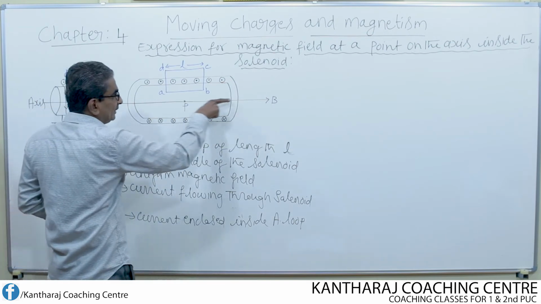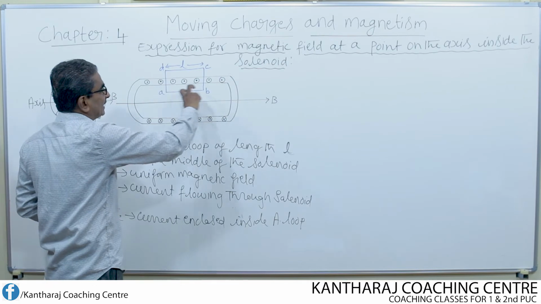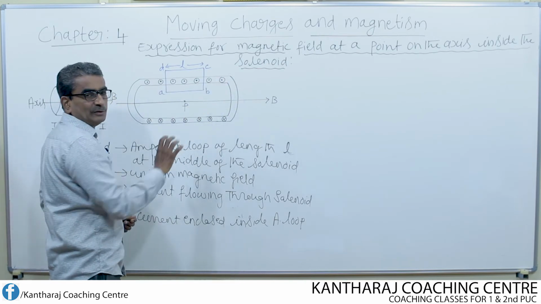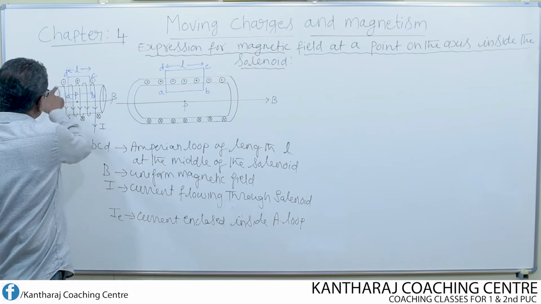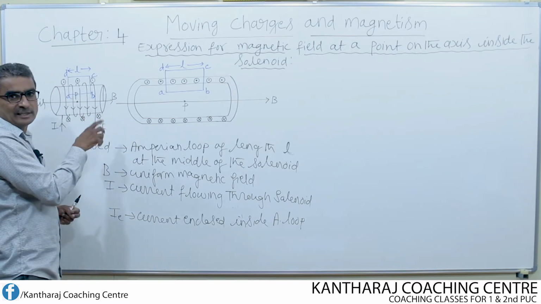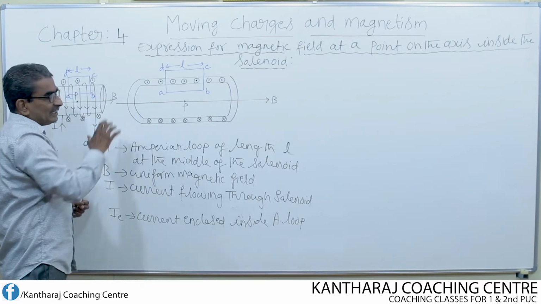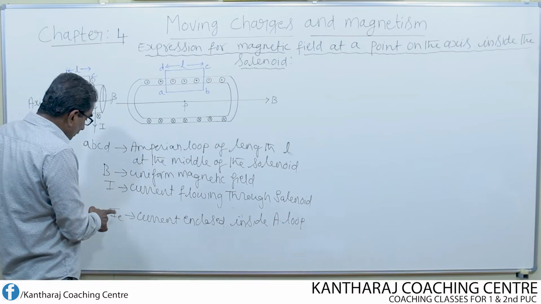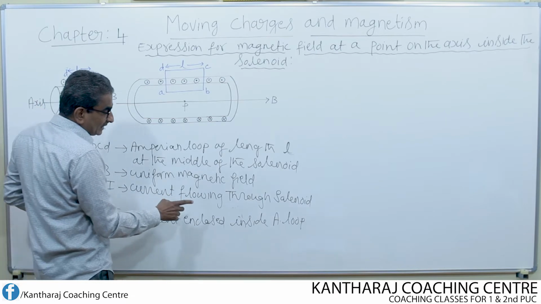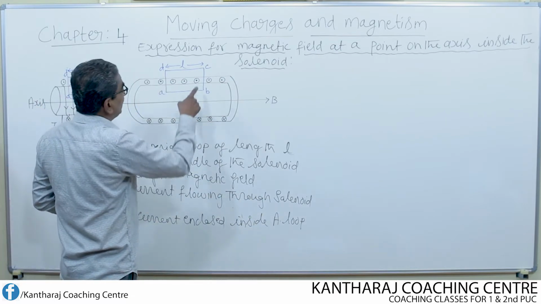B is the uniform magnetic field, because we know that inside the solenoid the field is uniform and strong. Then I is the current flowing through each turn of the solenoid, that means through the entire solenoid, what is the current flowing? I. What about I_E? I_E is the current enclosed inside the Amperian loop.